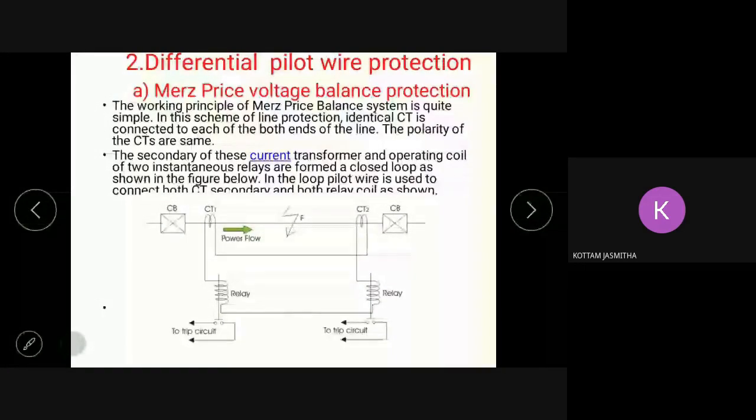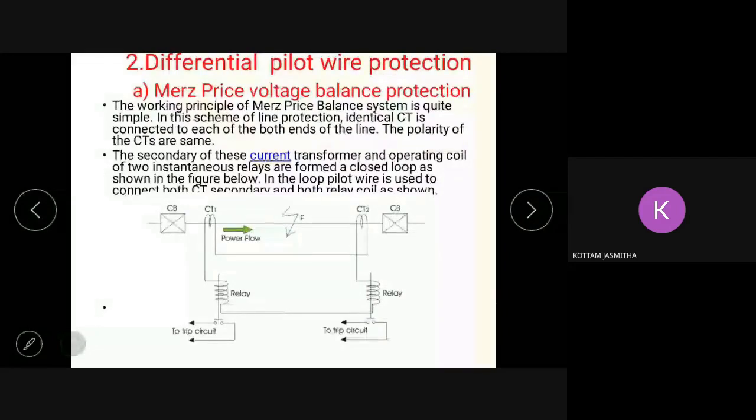Next, in the parallel feeder we use directional and non-directional relays. In the ring main we use directional and non-directional relays to protect the equipment from both sides. So you have to practice all the diagrams and see the principle of operation, how they work when a fault occurs. Okay.